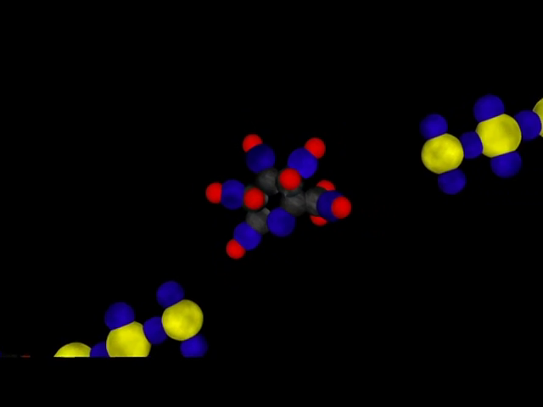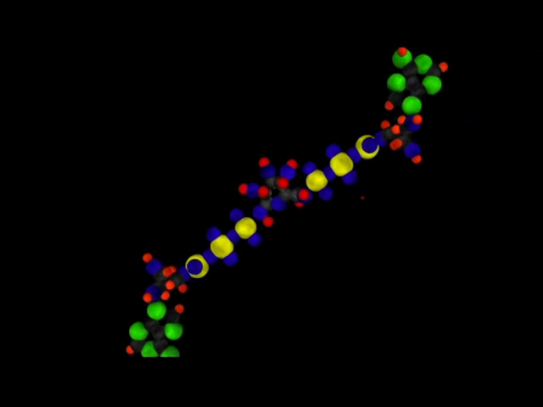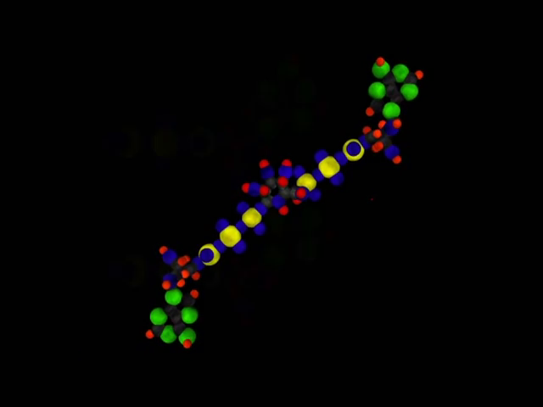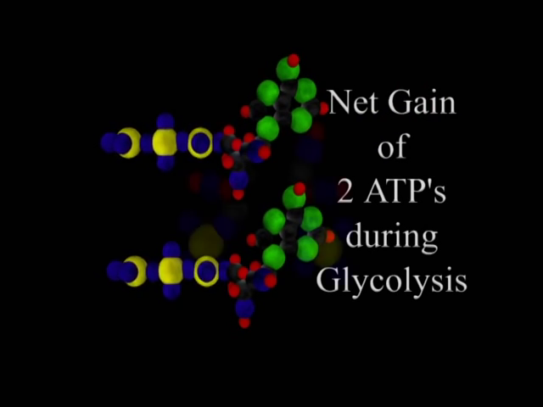Since 2 ATPs were used during glucose activation to convert a glucose molecule into fructose diphosphate, there is a net gain of only 2 ATPs per glucose molecule broken down during glycolysis.